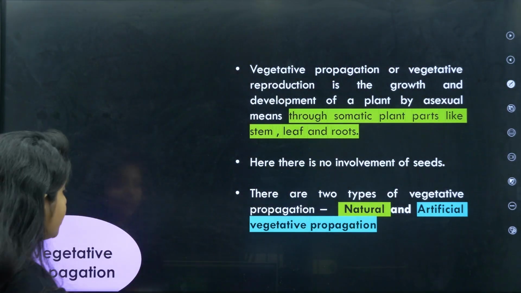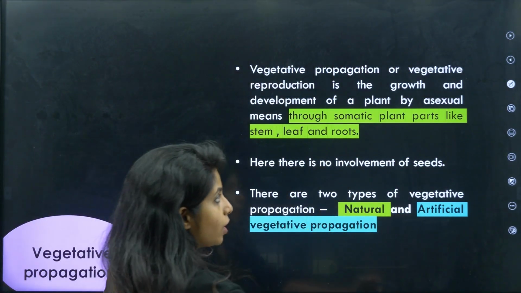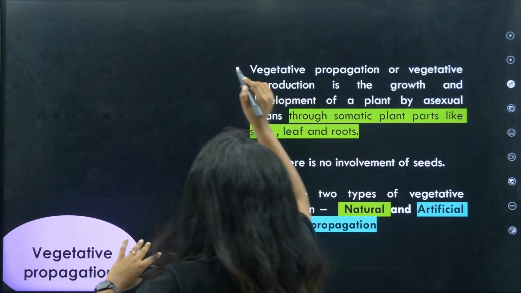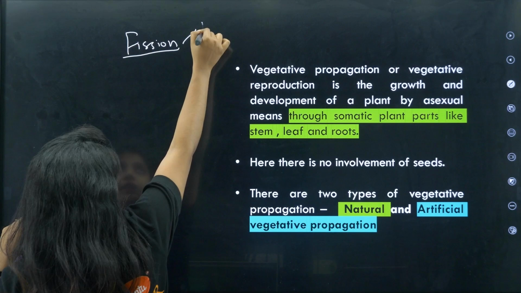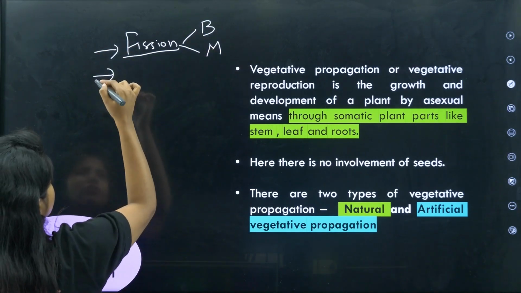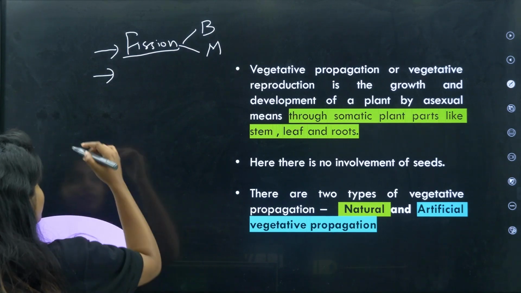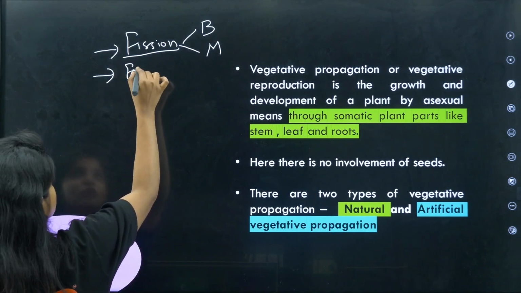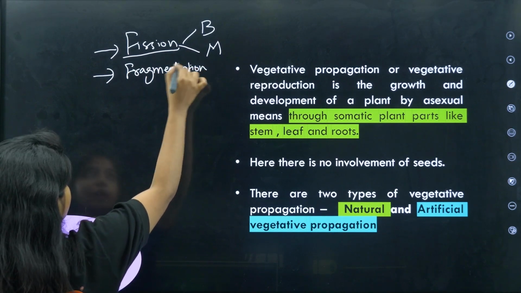Now we spoke about all the different types of asexual reproduction in other organisms, and I'll just sum this up. First is fission that we studied. In that we had binary and multiple fission, and then we spoke about fragmentation.